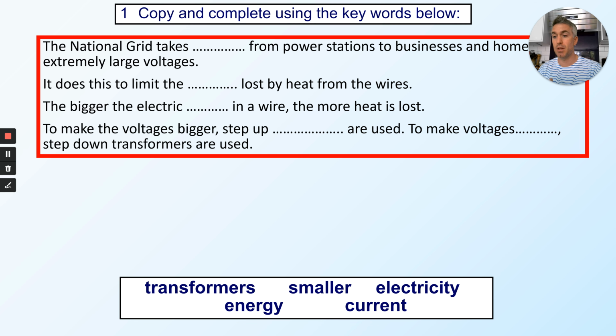It does this to limit the loss by heat from the wires. The bigger the current, the more heat is lost from the wire. To make the voltages bigger, a step-up transformer is used. To make the voltages step down, step-down transformers are used. So simple.